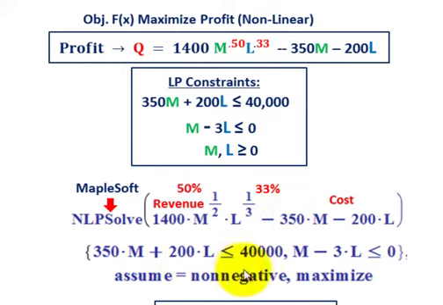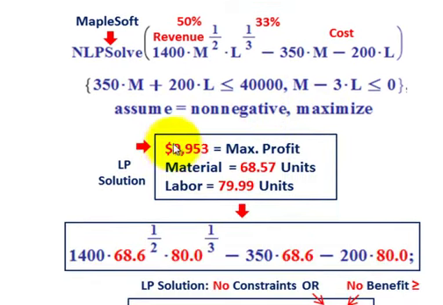And then you have to assume that they're non-negative. Those materials and labors, you have to say that they're greater than or equal to 0, and we're going to maximize it. Okay, so by running it through that NLPSolve function up above, I come up with our maximum profit of $9,953.